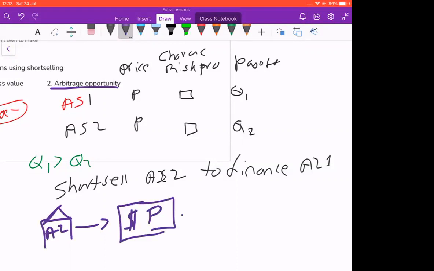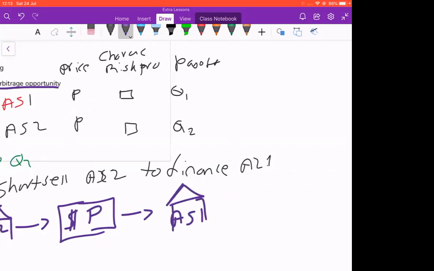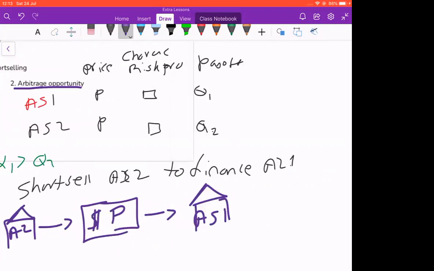And then you use this money to buy asset 1, S1. And then S1 at the end of time will yield returns of Q, right?